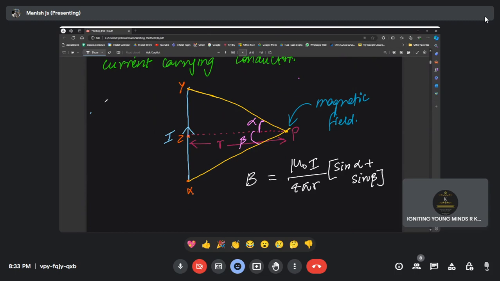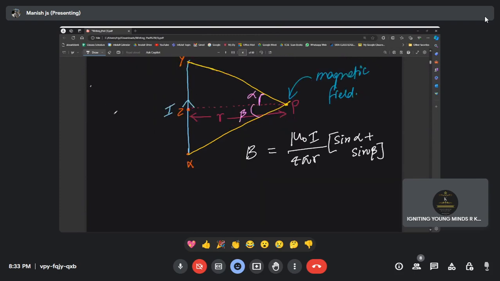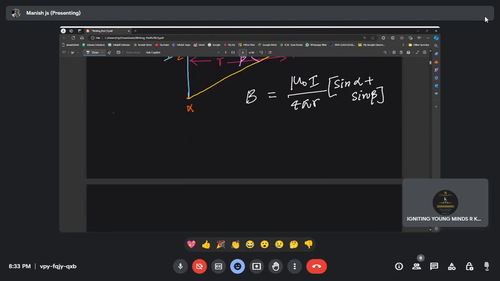Whenever you have a straight current carrying conductor, and you choose a point P in the horizontal plane while the conductor is in the vertical plane, making two angles alpha and beta respectively, then the magnetic field at that point is given by this relationship. B is equal to mu naught I upon 4 pi r times sine alpha plus sine beta. That's the common term, which is why I put it in brackets. This is the value for the magnetic field of a straight current carrying conductor.